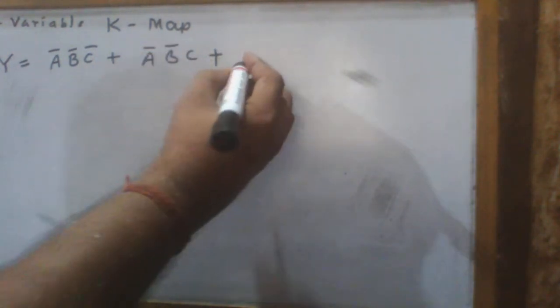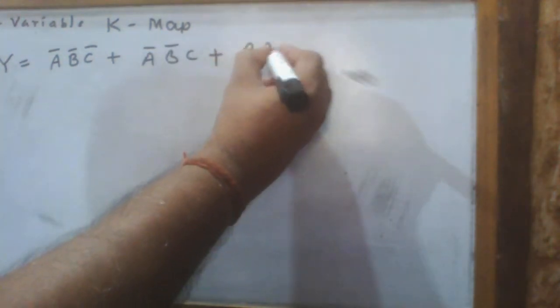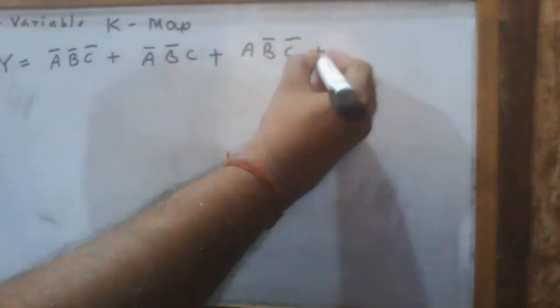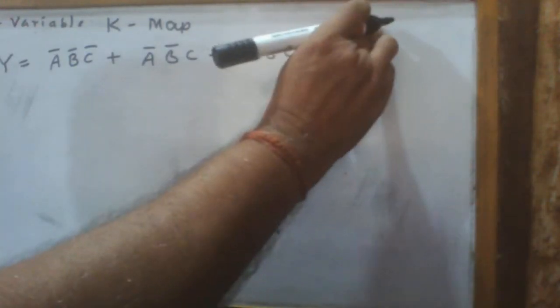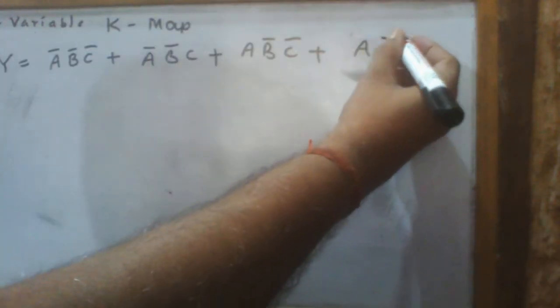Here, suppose the equation given to us is y is equal to a bar b bar c bar plus a bar b bar c plus a b bar c bar plus a b bar c.